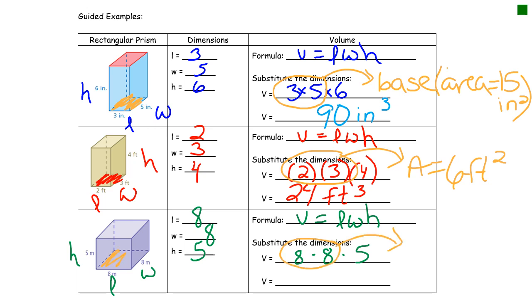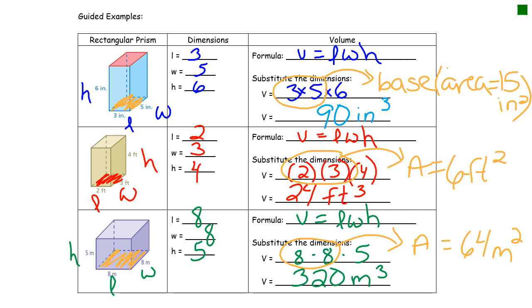I'd have an area of 64 meters squared for my base, and then I'm also multiplying that times the 5 meters tall that this is, and that would give you a volume of 320 meters cubed for the volume, because again it adds that third dimension of height.